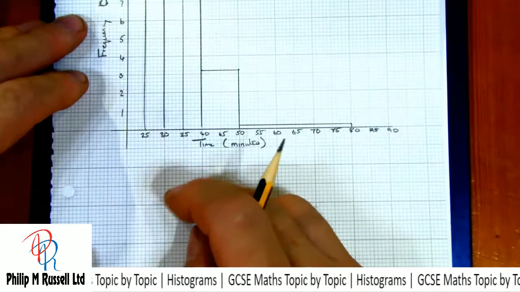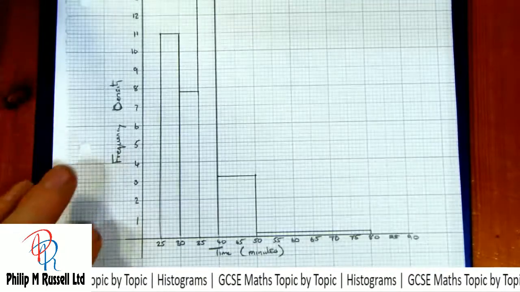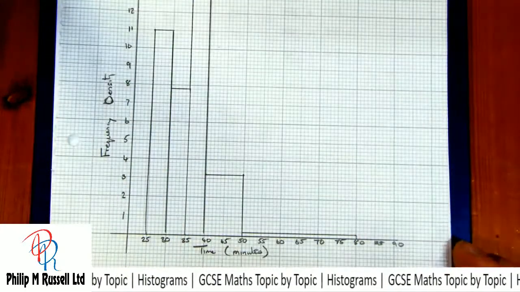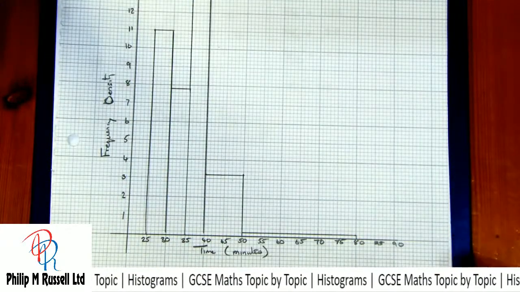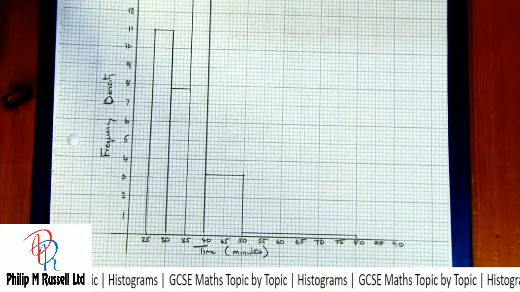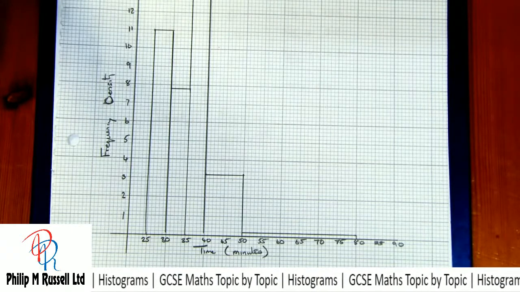And so that's the time taken for everyone to go to school. And I could give it a nice title here to say what it is, the time taken for so many students to get to school.